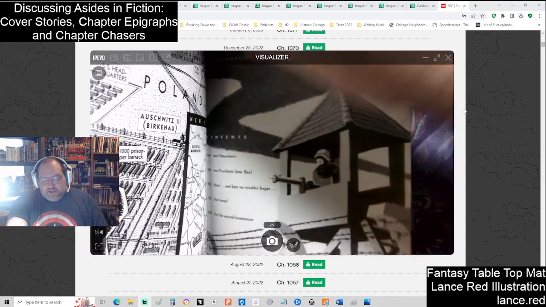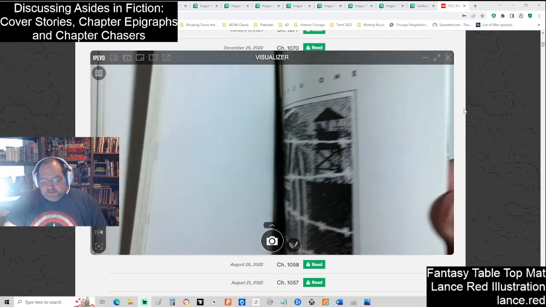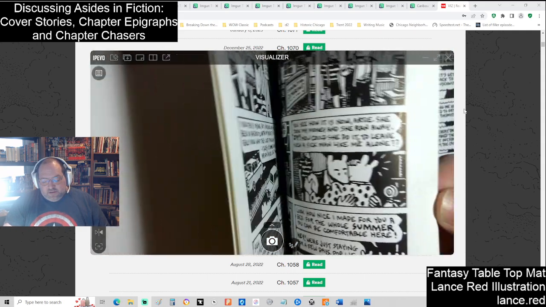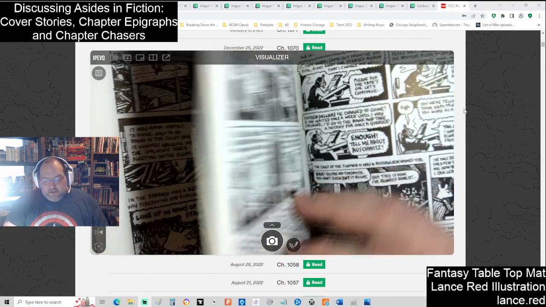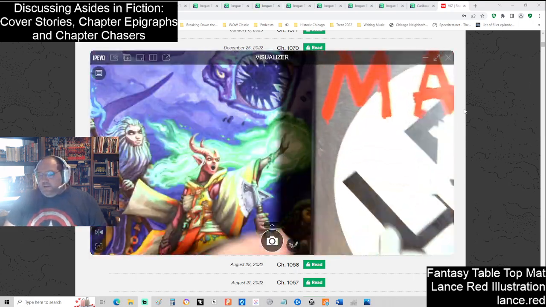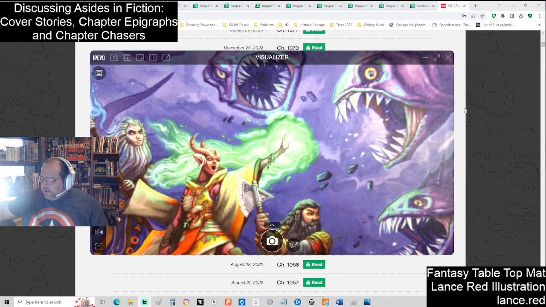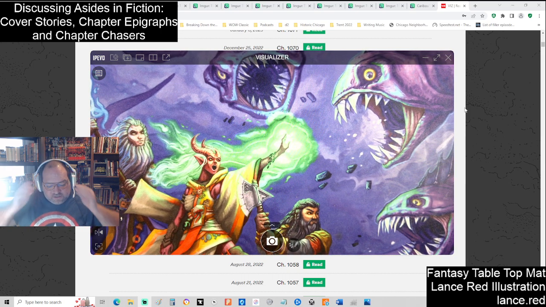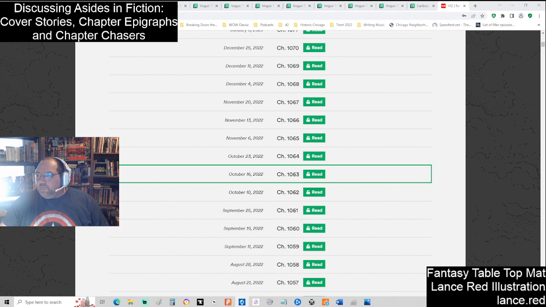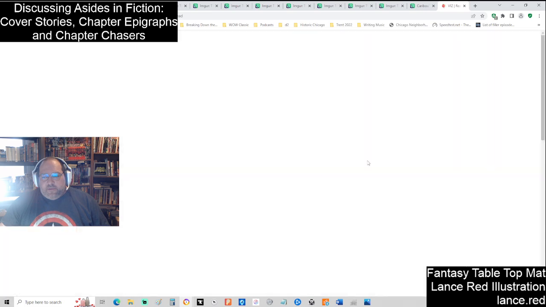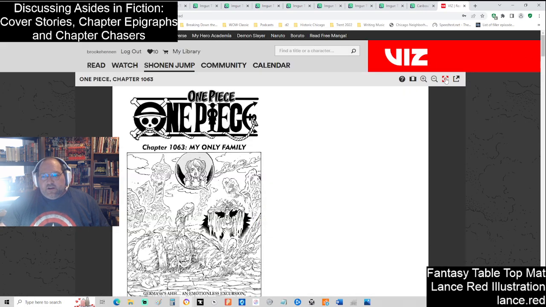It's not the best representation of what I want, but it is still set aside a little bit different than simply the cover of a comic book. Whereas One Piece, and I just don't know if other books do this in quite the same way, but One Piece does it superbly. So I'm on Viz here.